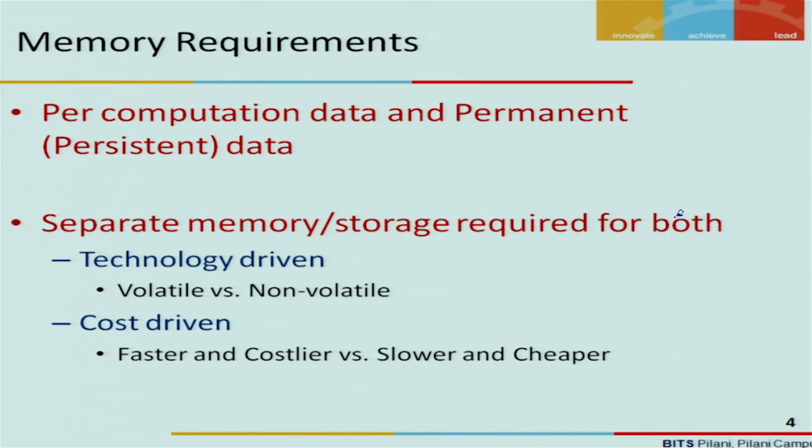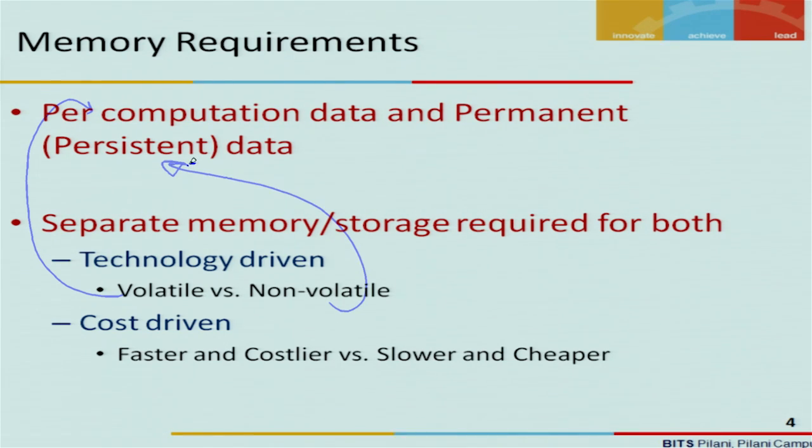So a separate memory storage is required for both persistent and non-persistent data. From the technology point of view, it is volatile memory versus non-volatile memory. The per-computation data is volatile memory, and the persistent data is non-volatile.